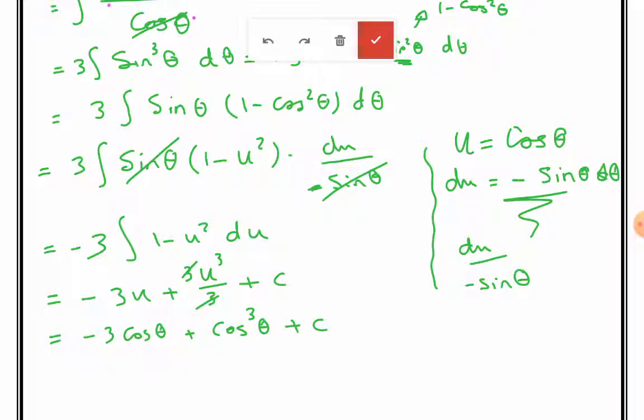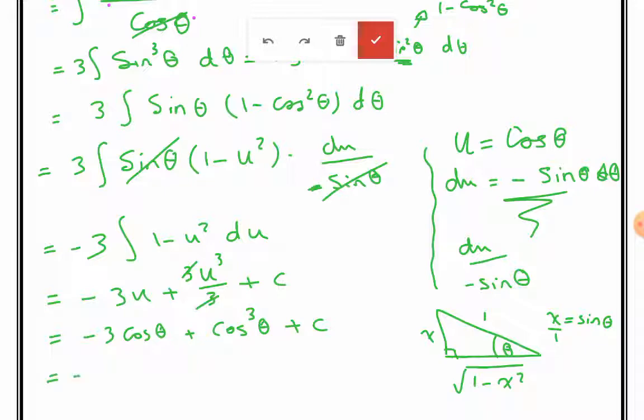And again return your variable back to its original, which is x. To do this, we should draw the right triangle. Here is the theta, and we know that x equals sine theta. We said like this from the beginning, and x equals sine theta, so it's over 1. So sine theta is x over 1, which is opposite over hypotenuse. And so the third side here will be the square root of 1 minus x squared.